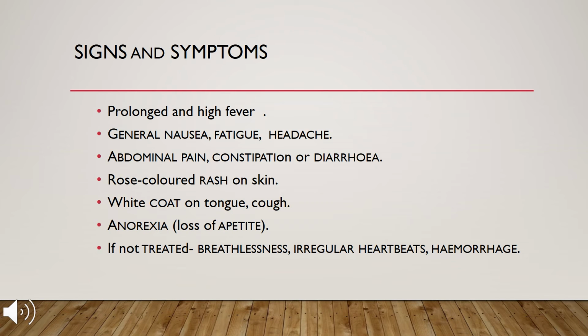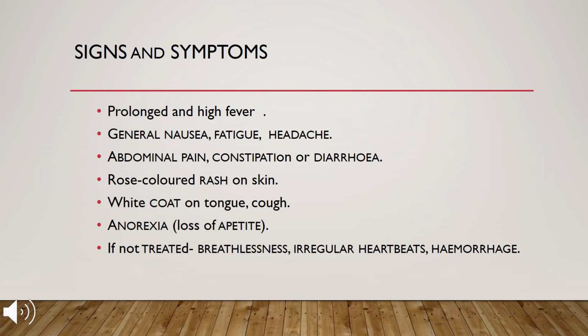Rose colored rash on skin, white coat on tongue, cough, anorexia. Anorexia is loss of appetite, that is loss of hunger. You won't like to eat anything, you won't feel hungry. If not treated, breathlessness, irregular heartbeats, hemorrhage. So these are the signs and symptoms.